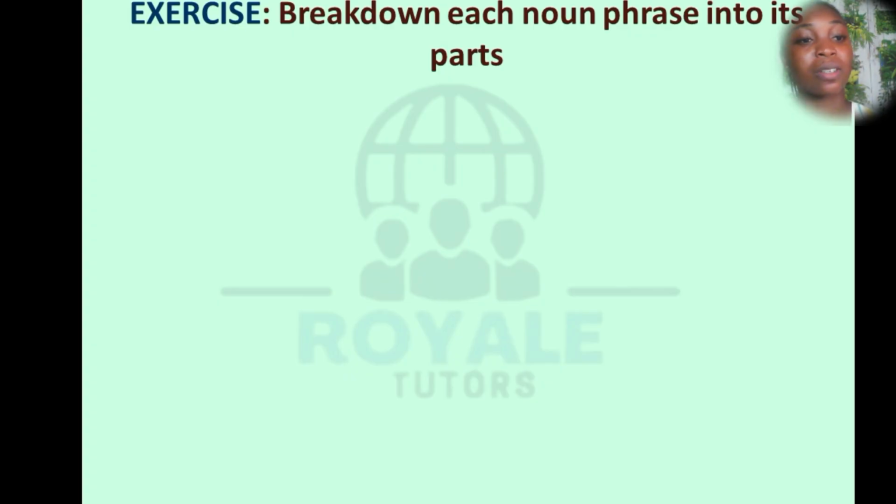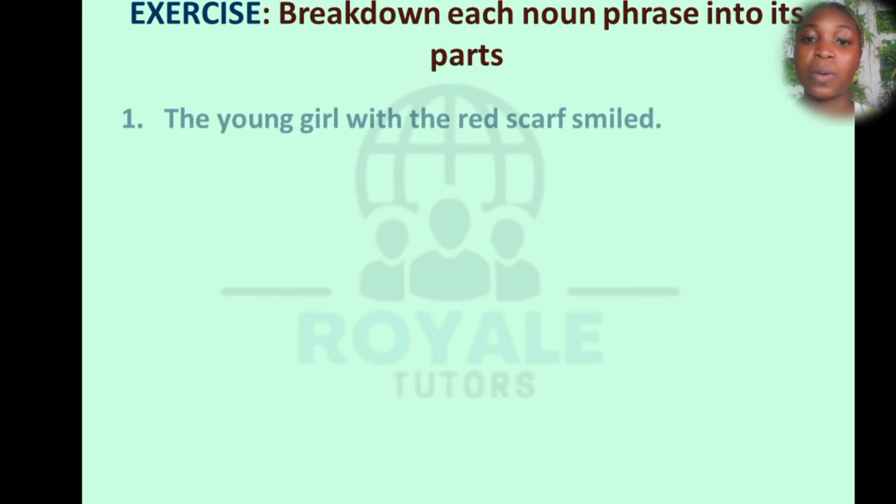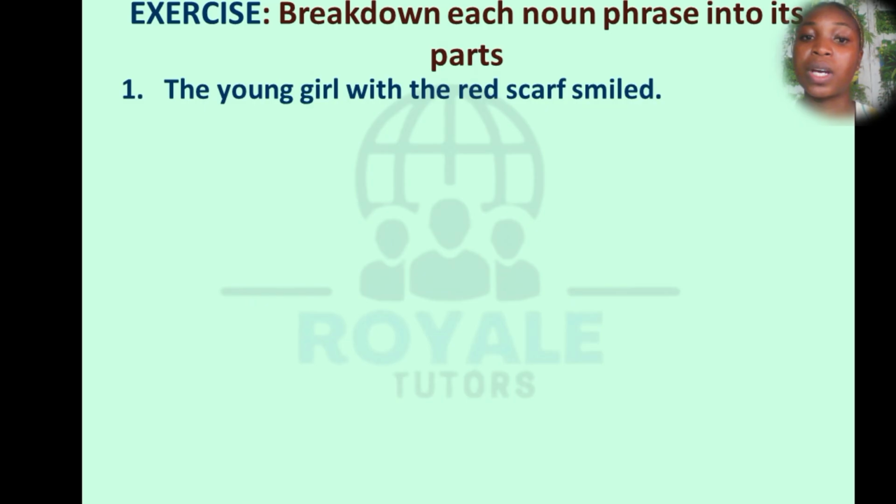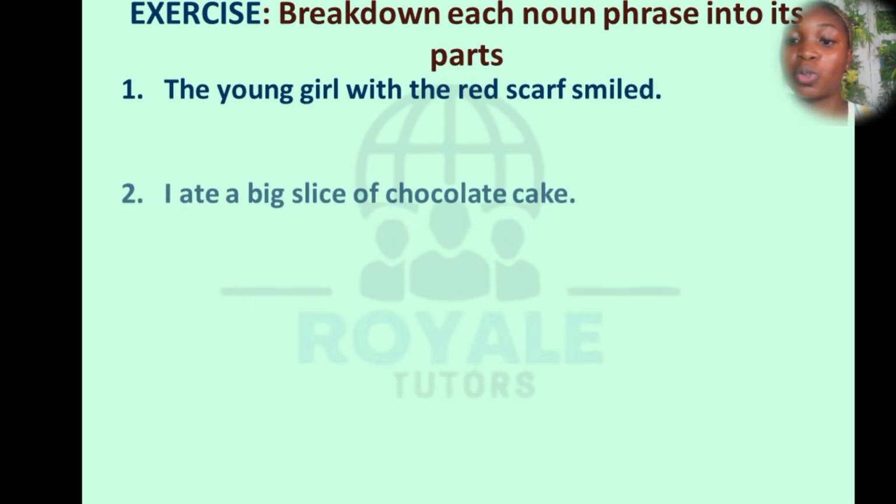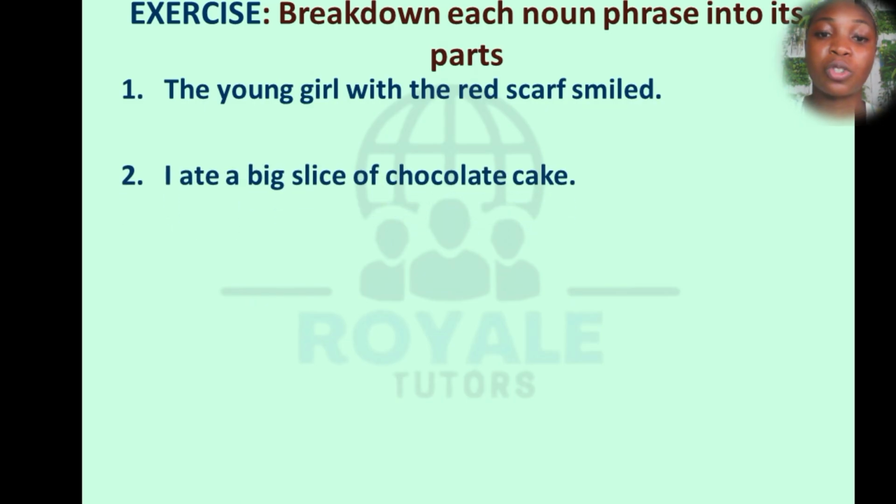Now, this brings us to the end of the class today. And as usual, I have an exercise for you to show that you've really learned about noun phrases today. For this exercise, you have to break down each noun phrase into its various parts. We have this example: the young girl with the red scarf smiled. Number 2, I ate a big slice of chocolate cake.